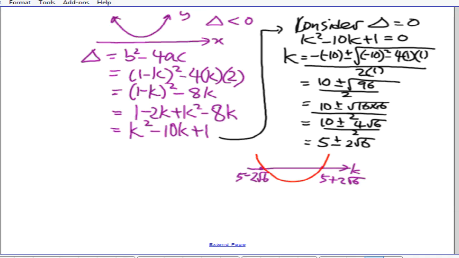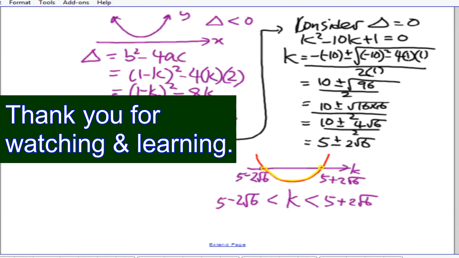And I want the discriminant to be less than 0. Less than 0 means open circle, and this part here. Therefore, my answer will be k between 5 minus 2 times square root of 6 and 5 plus 2 times square root of 6, not including the endpoints.